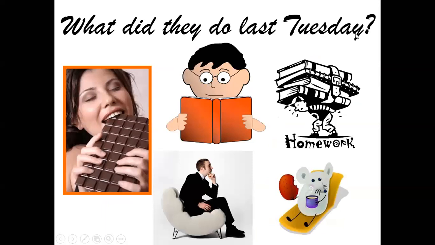What did they do last Tuesday? Let's practice. She ate a chocolate bar. Very good. He ate a king size chocolate. Oh my God. Okay, let's continue. He read a book. In this case, he grabbed some books.